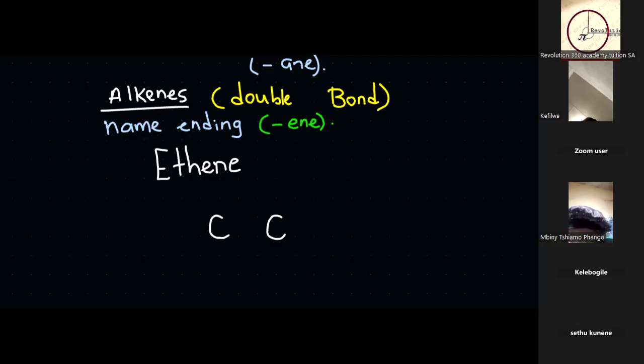Do you all see? After that double bond, you'll write hydrogen here, another hydrogen, another hydrogen, and another one right there. So this is the structural formula of ethene.